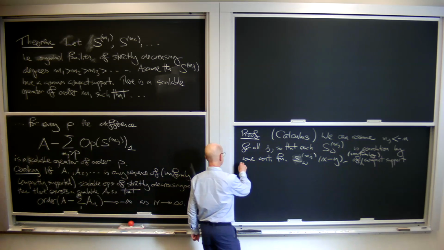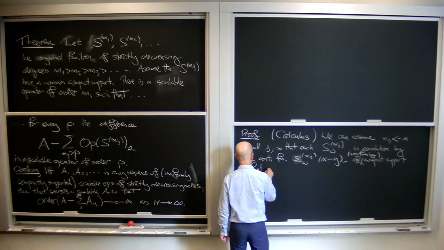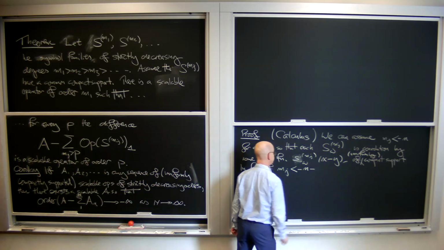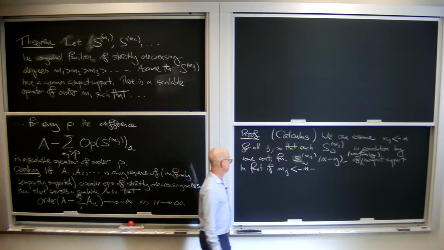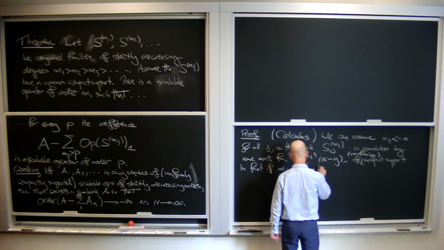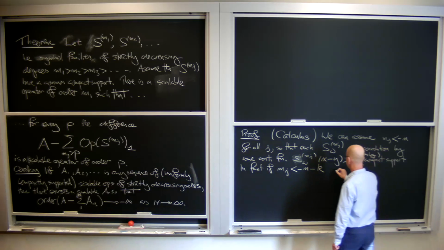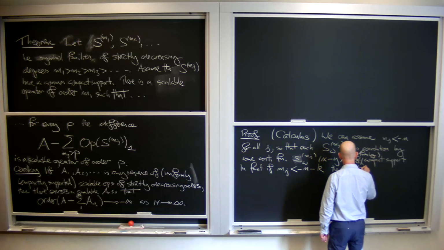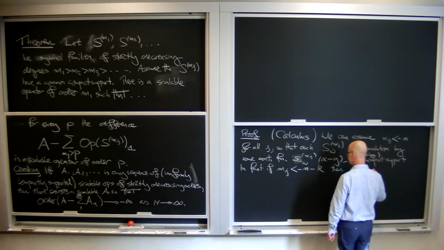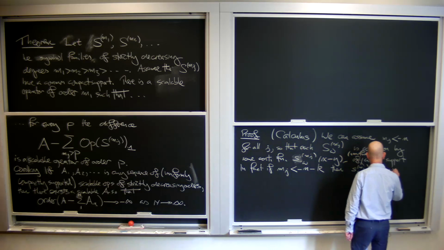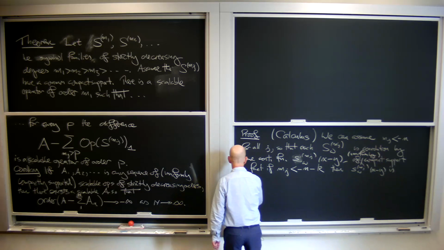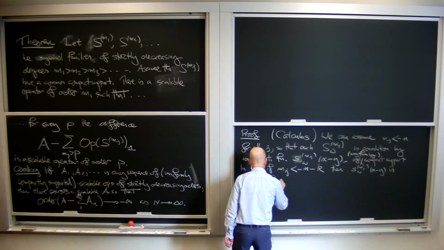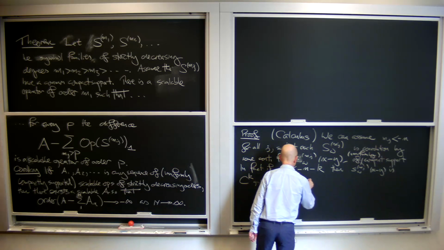So in fact, you can improve the size of it by making the order smaller. Maybe if m_j is less than minus n minus k, then s^{m_j}_omega of x minus y is a C^k function, uniformly so in omega.